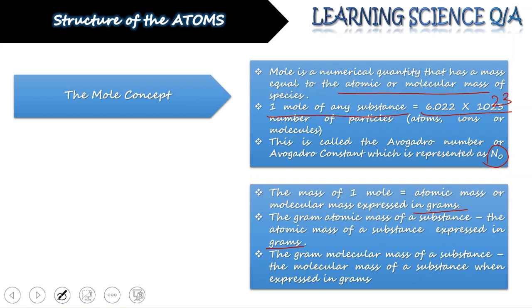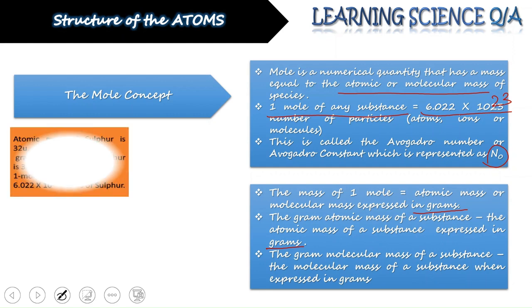Similarly, for the gram molecular mass of a substance, the molecular mass of the substance will be expressed in grams. That means when a substance's mass is expressed in grams, it can be considered as the mass of 1 mole of that substance. Let's take an example.